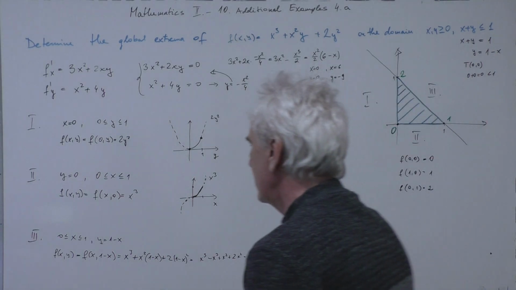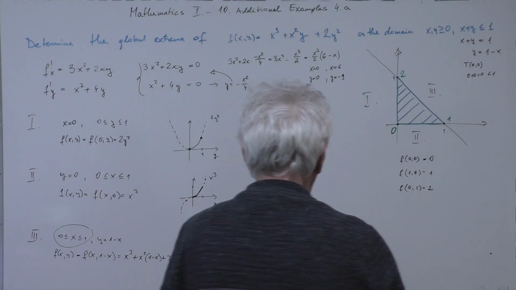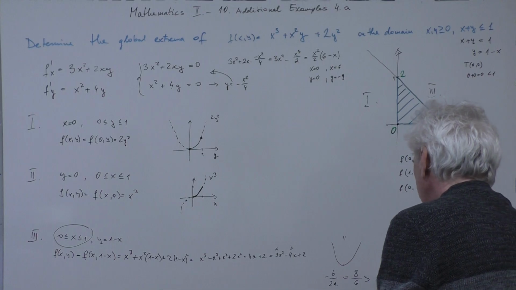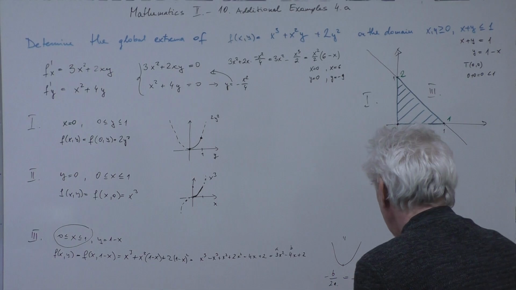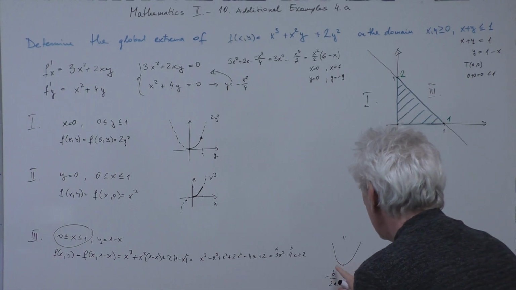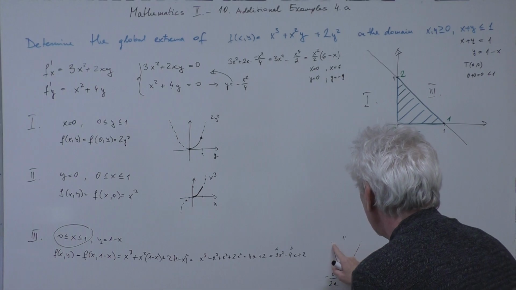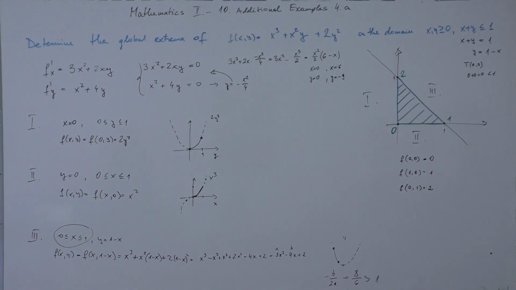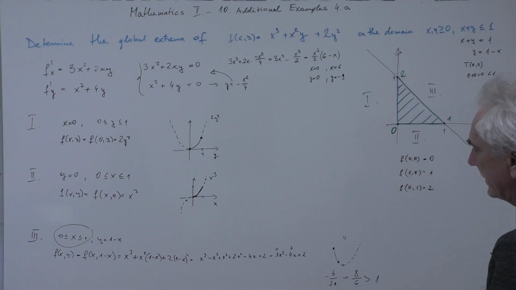But since we have the condition that x is between 0 and 1, the vertex location is clearly outside this range, and on this line segment the function looks like this. So again, besides the vertices, there is no point we have to consider.